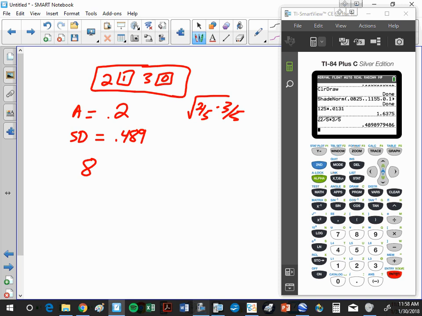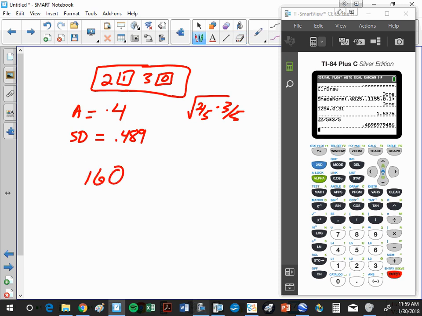So the expected value is 80. Is that right? Something's not right. Oh, it's not 0.2, it's 0.4. There we go. So the last one was 4,000. That's my mistake. It's 0.4, not 0.2. So it's actually 160.